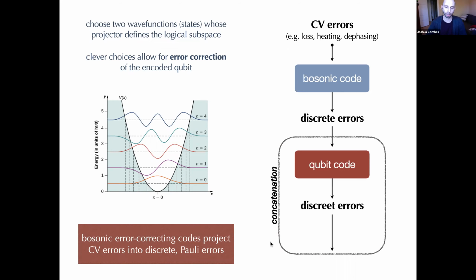This is not necessarily the best way to go. I'd say one of the big lessons we learned in the early 2000s in the error correction literature is that concatenating codes is not a good idea. It's better to design a code from scratch on a larger system. But this is what people are mostly doing.